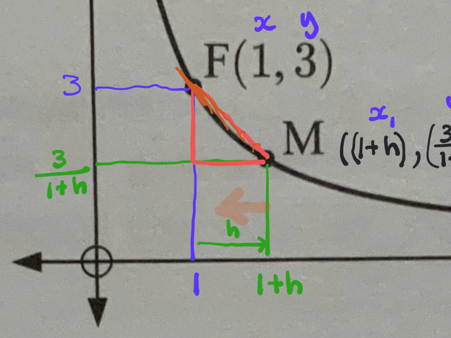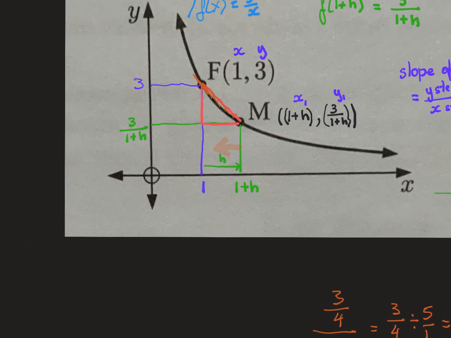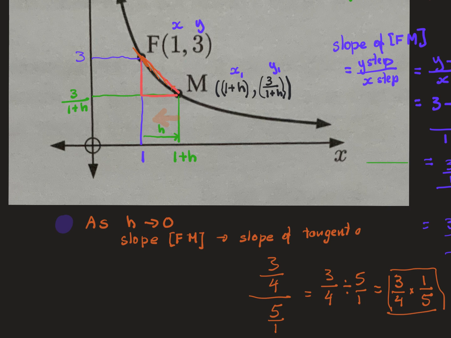What I'm saying is that as h goes to 0, the slope of fm, this is the slope of fm, now goes to the slope of the tangent at f.